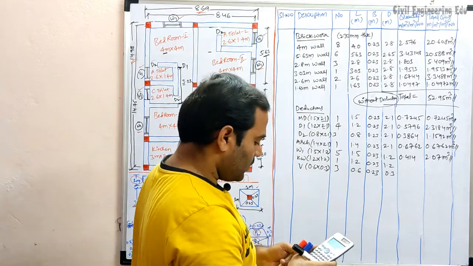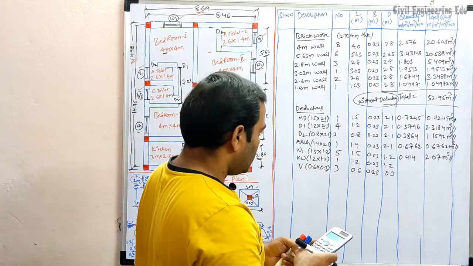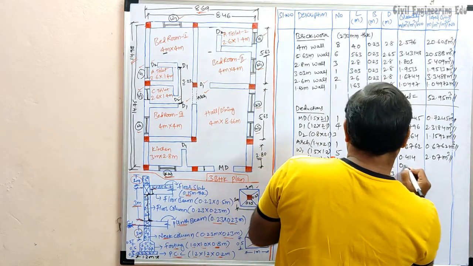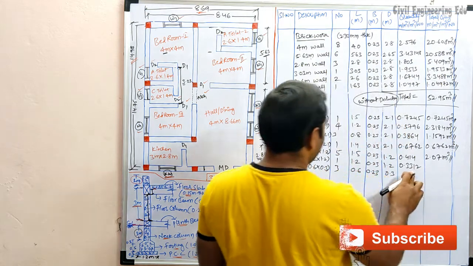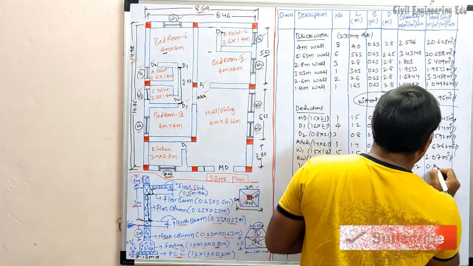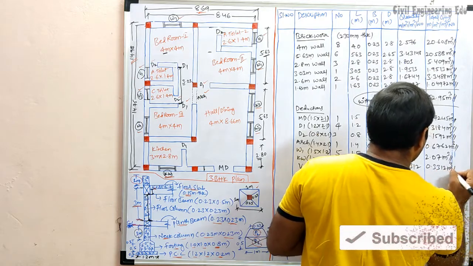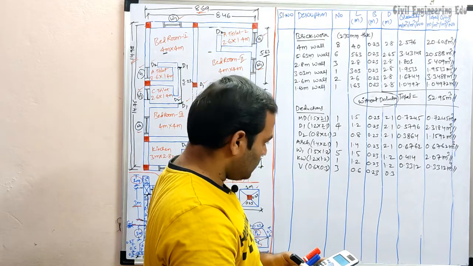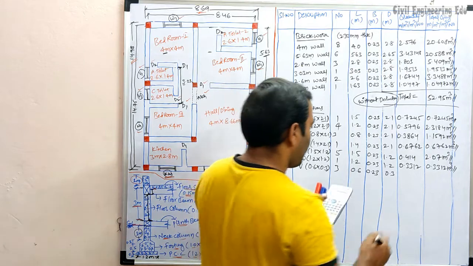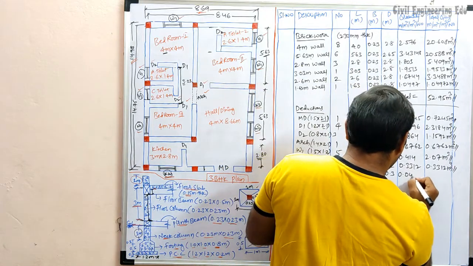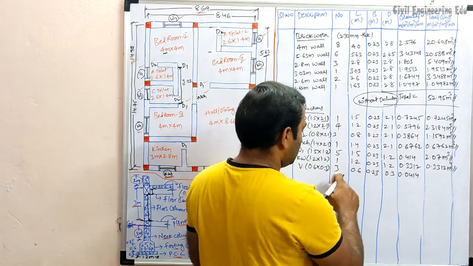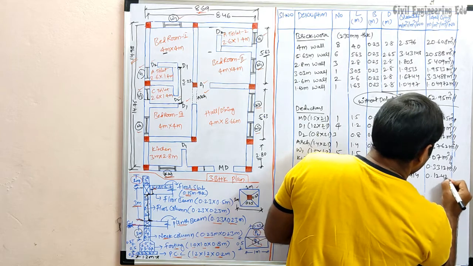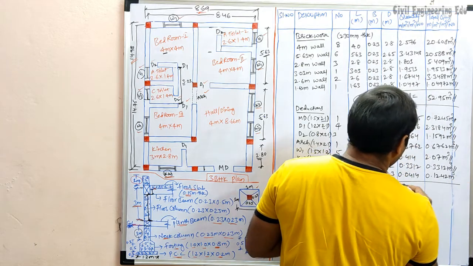Next one is 1.2 into 0.23 into 1.2, 0.3312 multiplied by one number, 0.3312 meter cube. Next one is 0.6 into 0.23 into 0.3, 0.0414 multiplied by 3 numbers, 0.1242 meter cube.